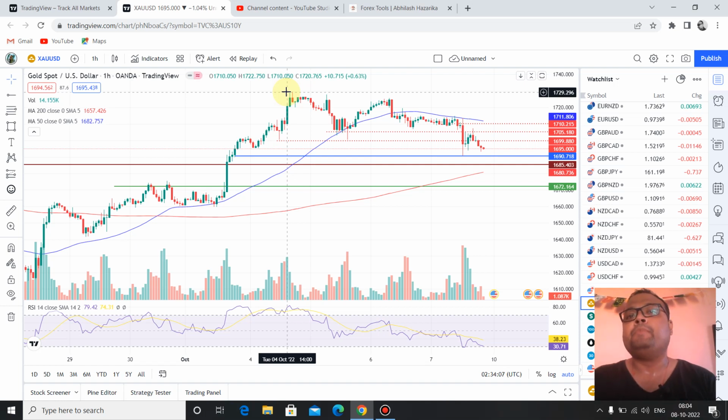But keep in mind, these resistances are not very strong. So if you see a big green candle, do not trust these resistances, because right now they do not have the power to stop the market. You must understand one thing very well, that not all levels are equal, not all levels have the same amount of strength.